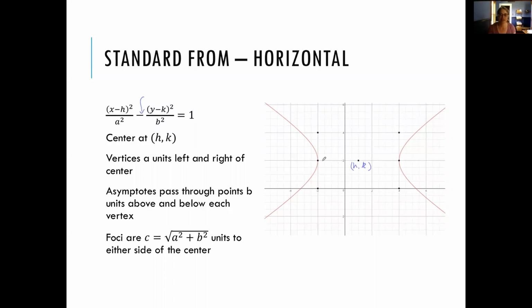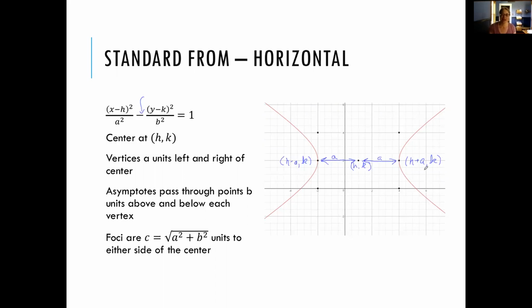My vertices are a units left and right of my center point. So this is going to be at (h minus a, k) and at (h plus a, k).